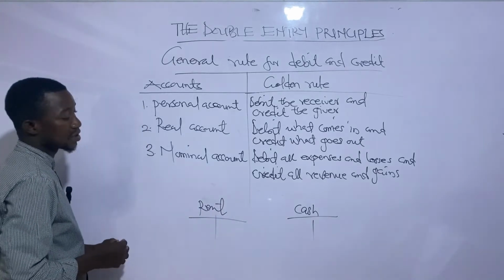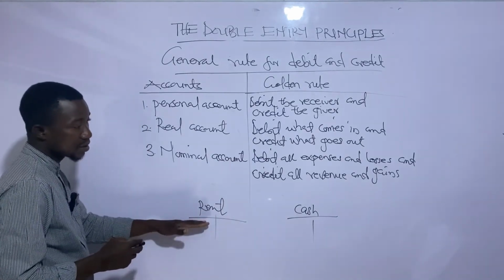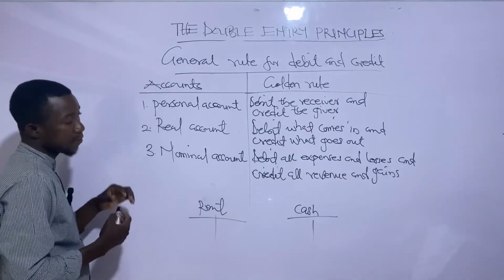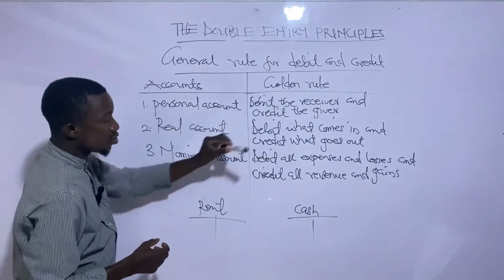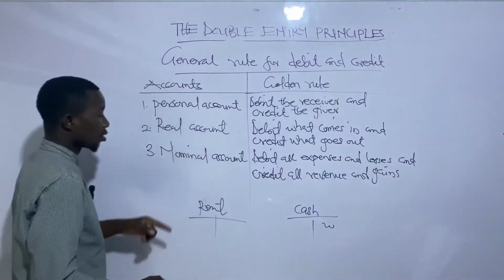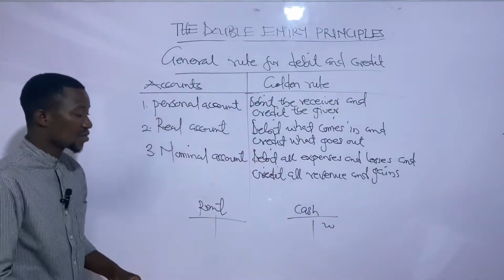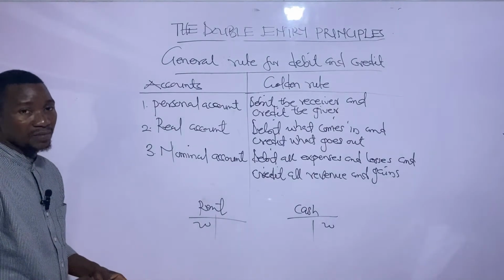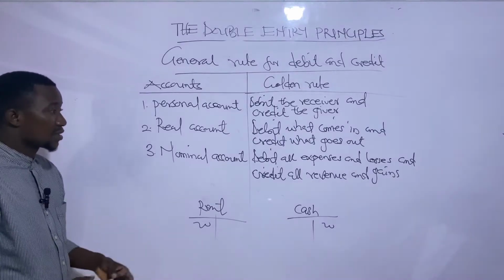So the rule is saying that we debit all expenses and credit all revenue. Is that okay? With this rule, cash is going out. With real account, cash is going out, so we credit cash. With nominal account, we debit all expenses, so we debit all expenses. Do you get it? That is it.